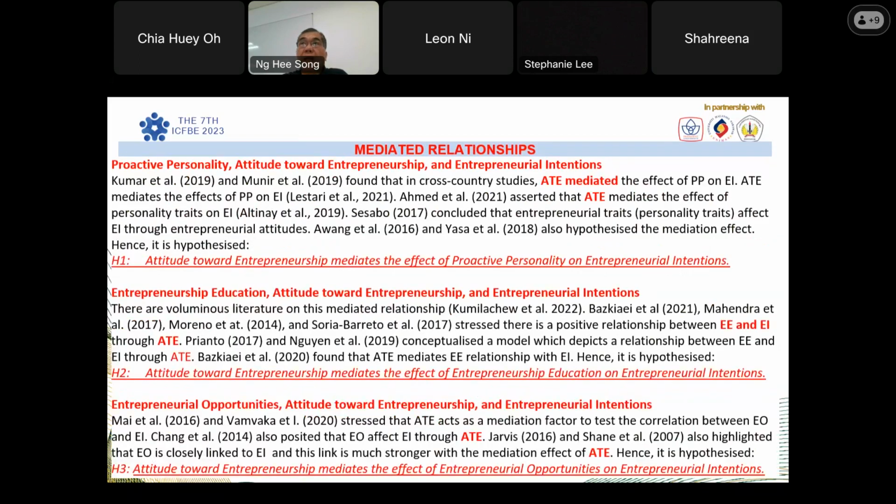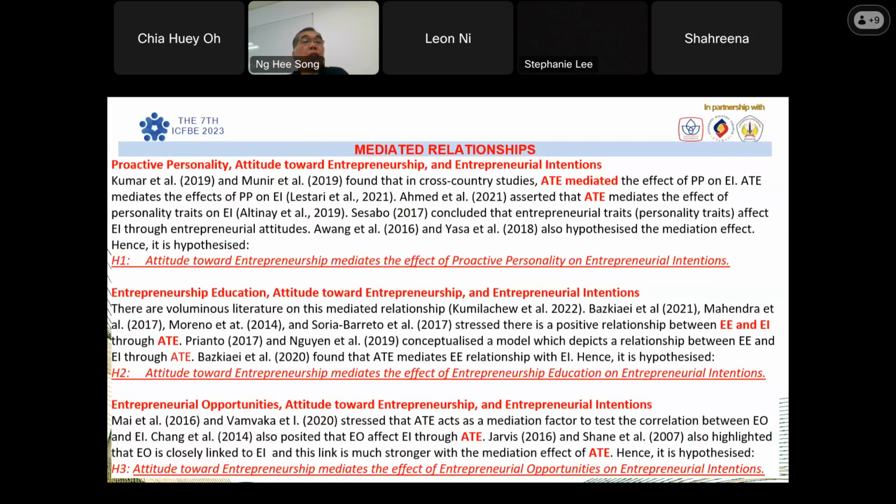With that, I link up the three variables together. I link up the first one, personality, under the influence of attitude toward entrepreneurship. I made a hypothesis that there is a link between personality and entrepreneurial intention through attitude toward entrepreneurship.